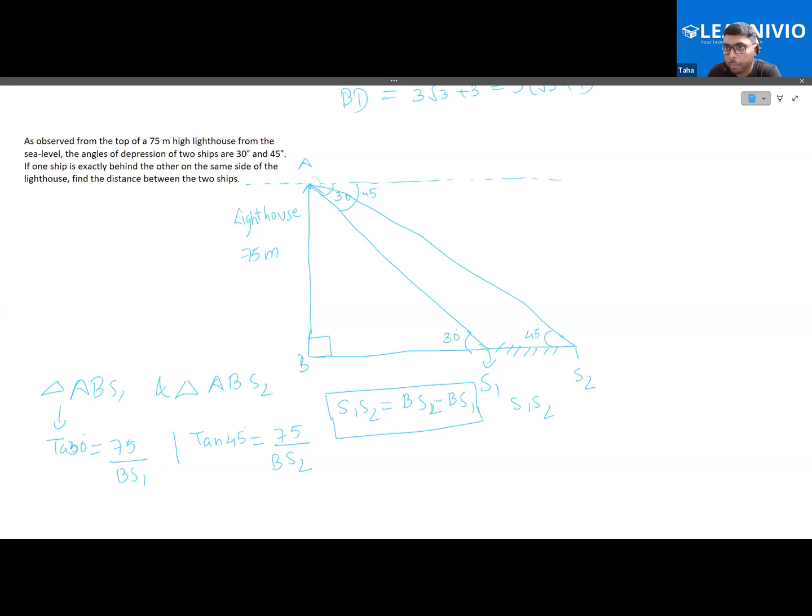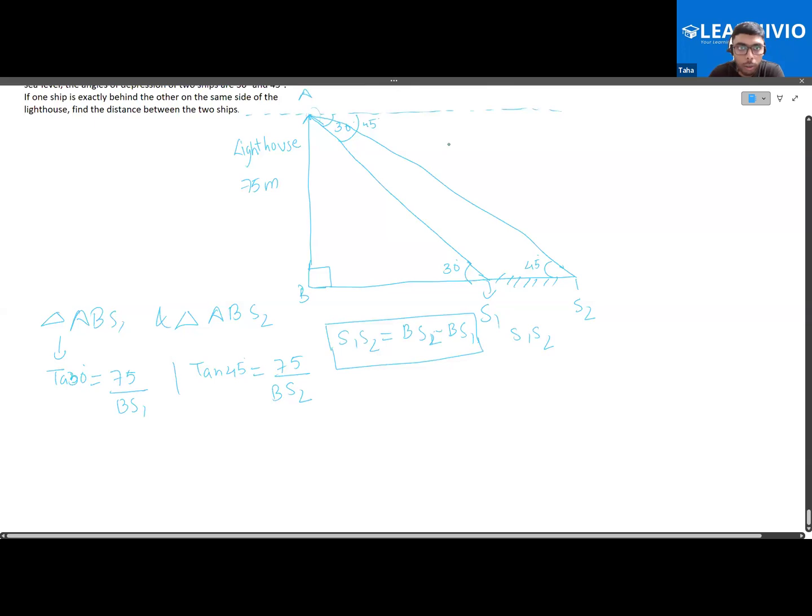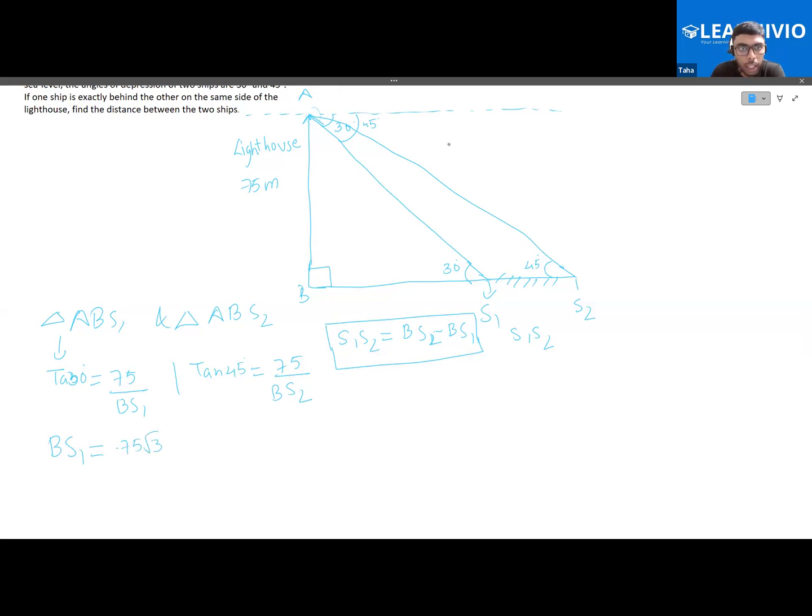Is this fine? Right? Okay. So let's see, BS1 from here would be 75 root 3, right? And BS2 will be 75, right? Is that making sense?